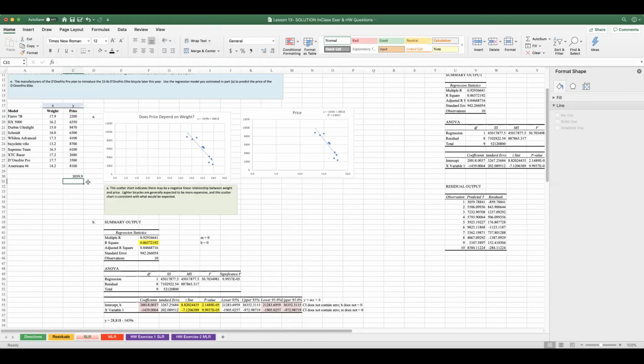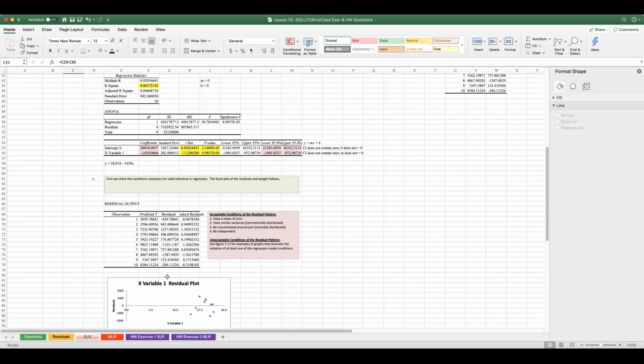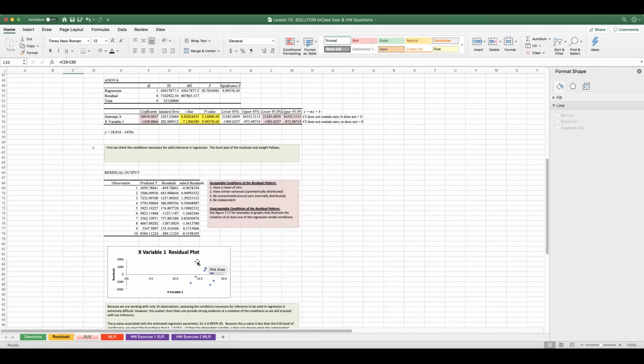A residual is the difference between the actual price and the predicted price. Okay, so if the actual price is more than the predicted price, you get a positive difference. If the actual price is less than the predicted price, you get a negative difference. Okay, so that's what these residuals are, and you plot them and you study the patterns that might exist.